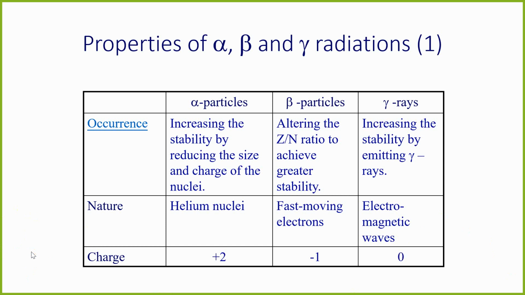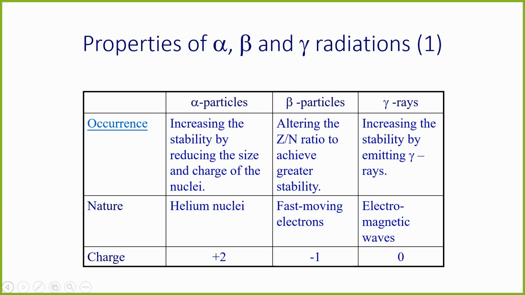Now, this is what happens when an alpha particle is being produced, in a sense, right? Whenever an element gives off an alpha particle, it does that so that it can reach a point of stability very easily. Some elements will easily give off an alpha particle, or a beta particle, and will also give off gamma easily, right?